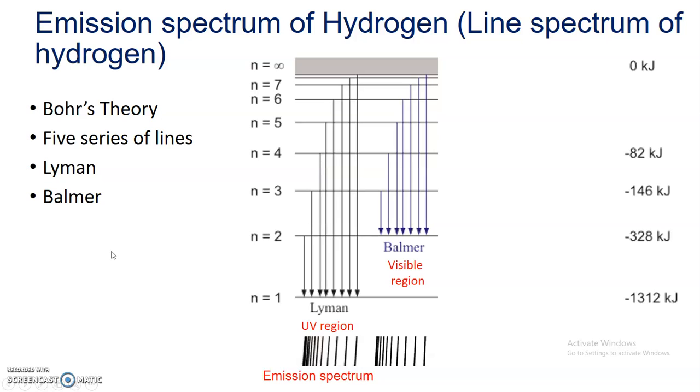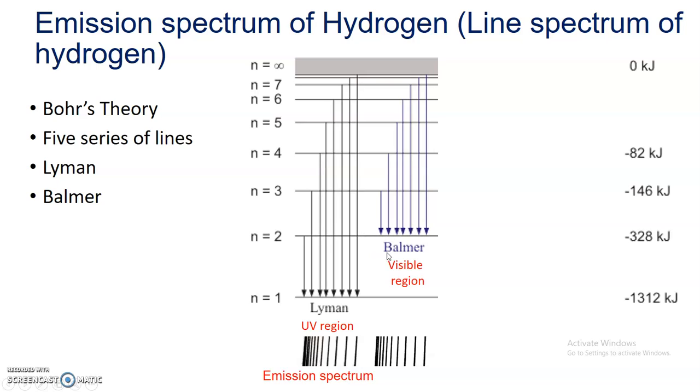Now the Balmer series is the group of lines produced when an electron jumps from energy levels n = 3, n = 4, n = 5, n = 6, n = 7 and so on to n = 2.